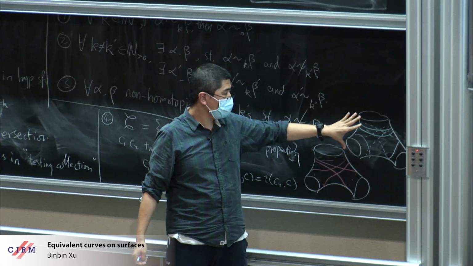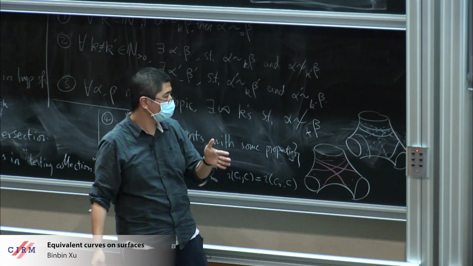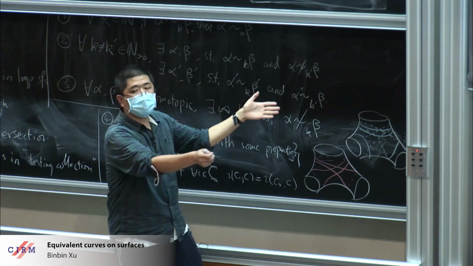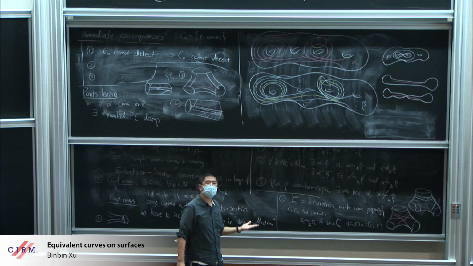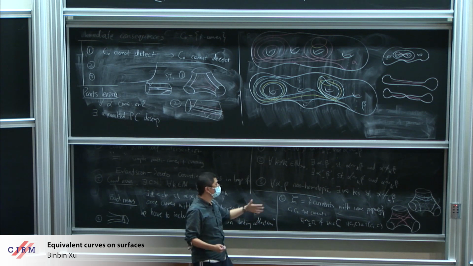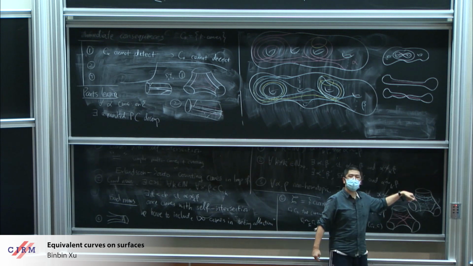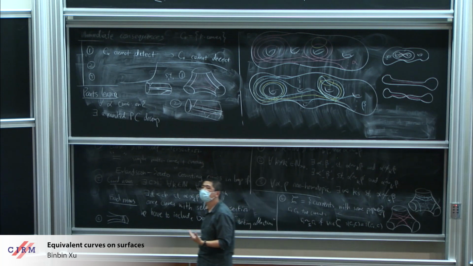Whenever you have a hyperbolic pair of pants, you can always cut it into two isometric hexagons, and exchanging these two gives you an orientation-reversing isometry of the pants, which sends one curve to the other. So they will always have the same length.